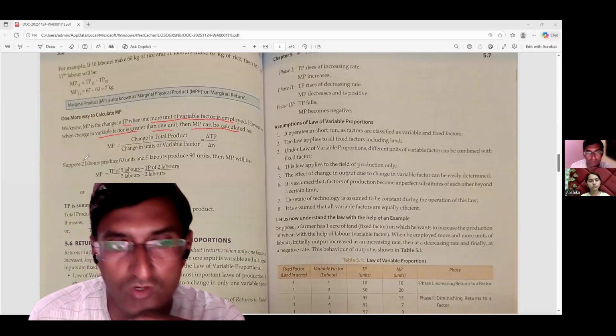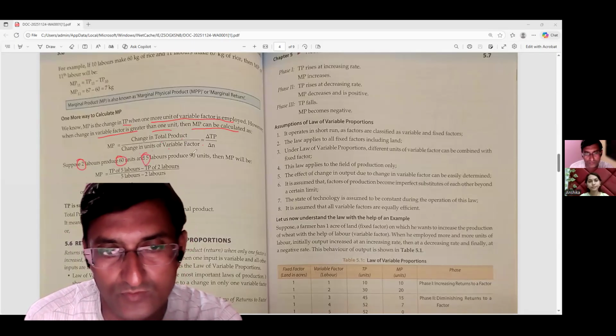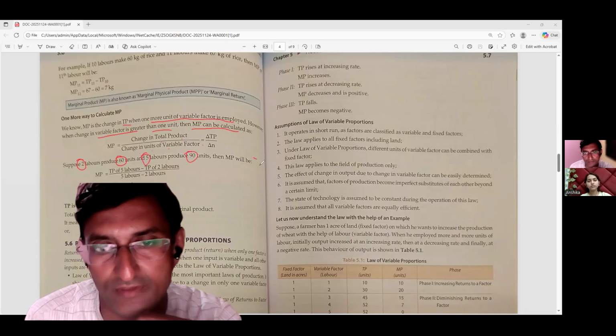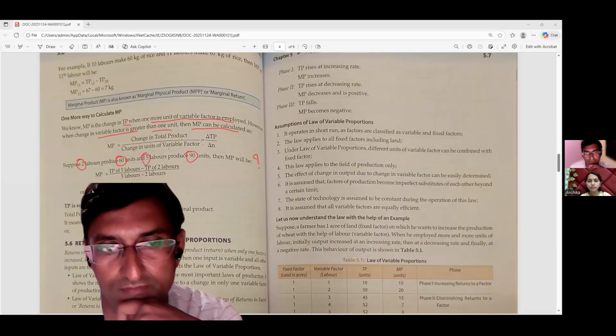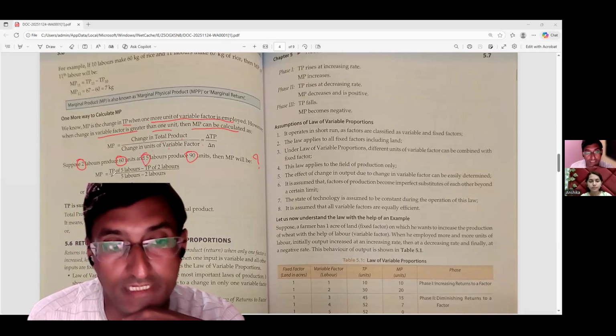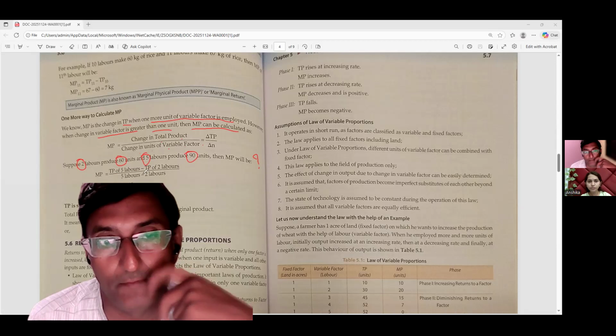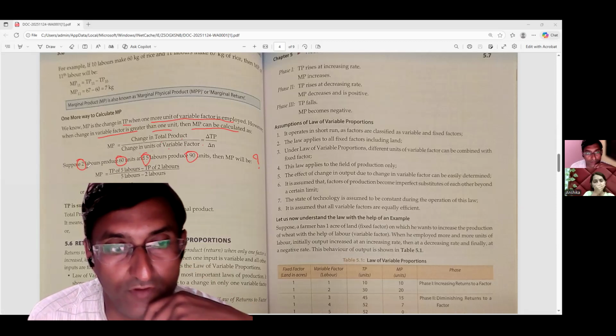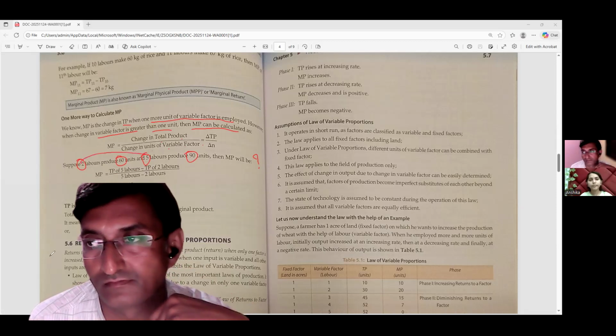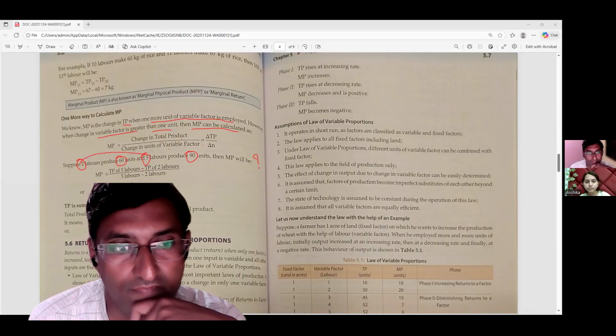Now suppose 2 labors produce 60 units and 5 labors produce 90 units, then what will MP be? TP of 5 labors minus TP of 2 labors, divided by the change in units of variable factor, 5 labors minus 2 labors, is equal to MP.